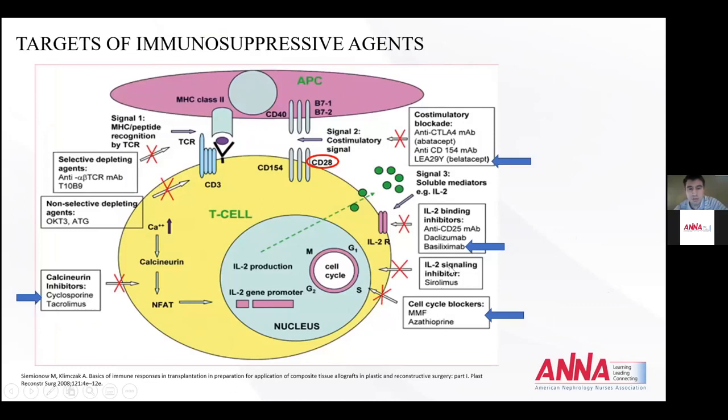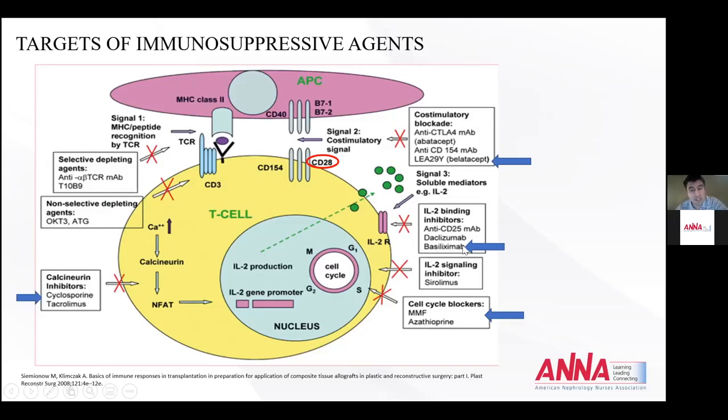All these medications work differently, mainly to target T cells. You have cell cycle blockers, which get inside and block DNA and RNA, which are mycophenolate mofetil, also known as CellCept, and then azathioprine.